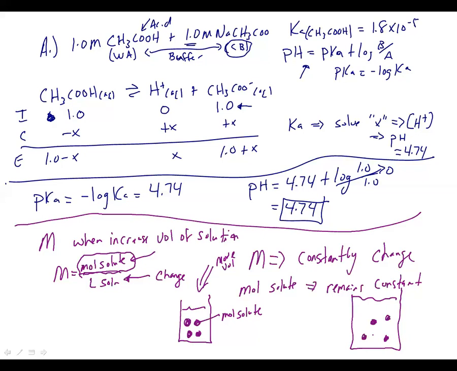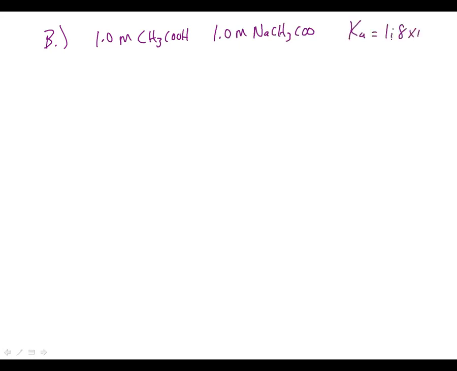So when we go to something like part B, where we're taking our same buffer here, which is our 1 molar acetic acid and our 1 molar sodium acetate. Since it's the same weak acid, it is the same Ka value of 1.8 times 10 to the minus 5.